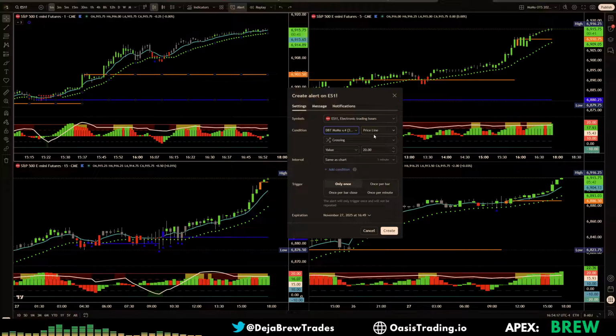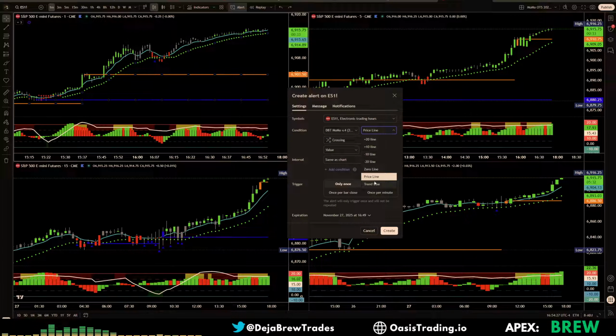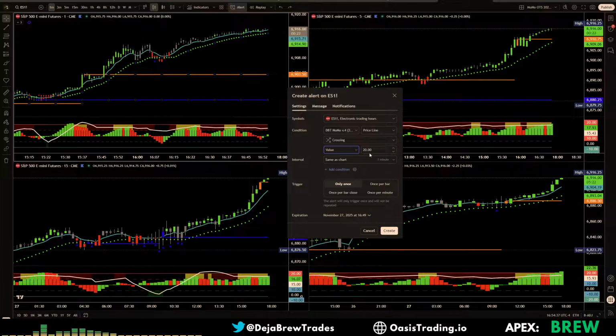So when we want to select the short-term momentum going above or going below a level, you have to click it here, set it up under crossing. So you have to select crossing. Then you can select either the price line or the trend line. Then you can select the value. And that will make an alert for when it's crossing above 10 or below -10, etc., etc.